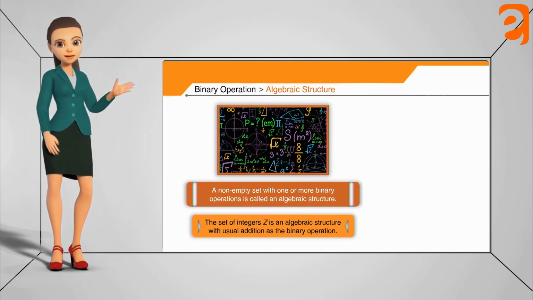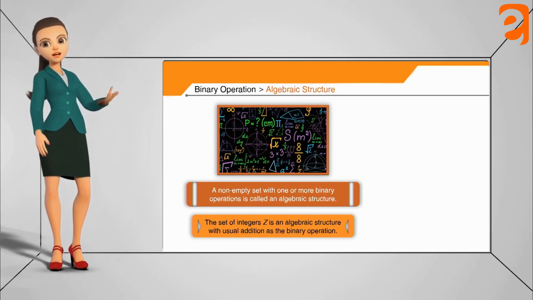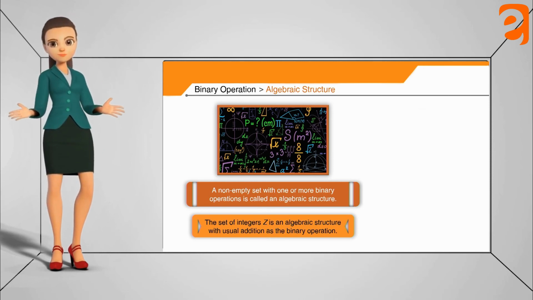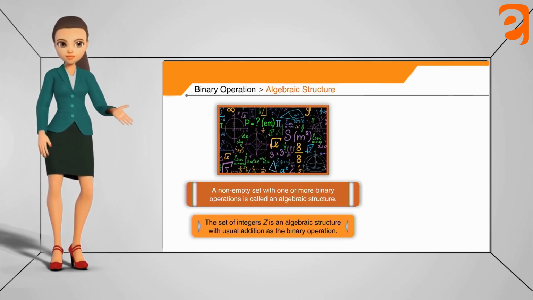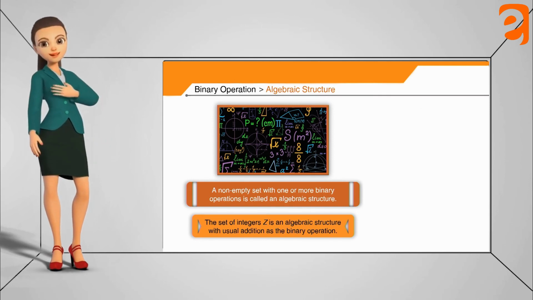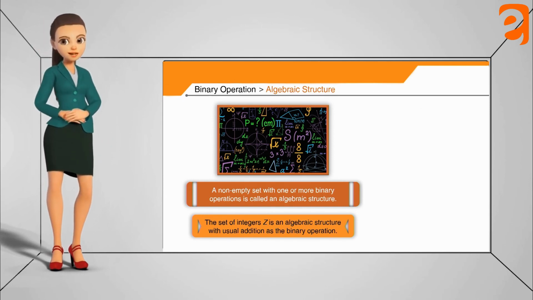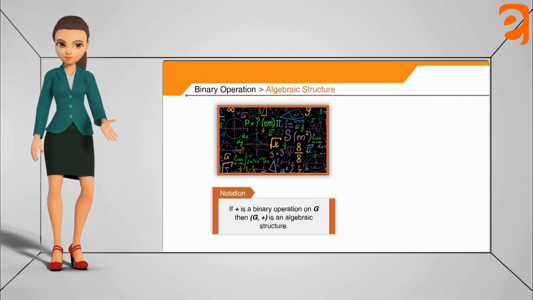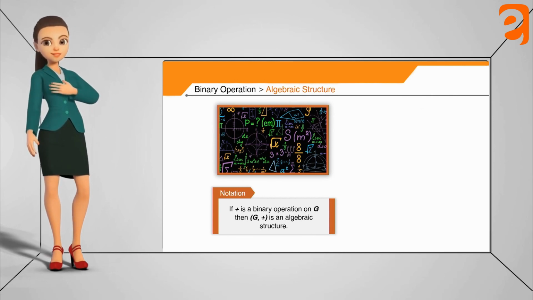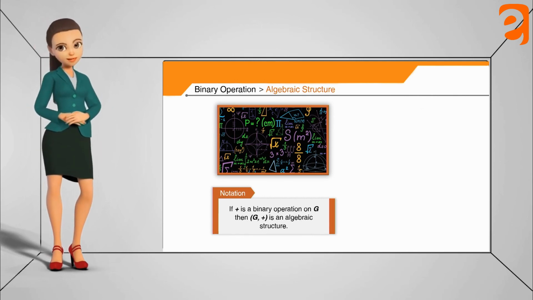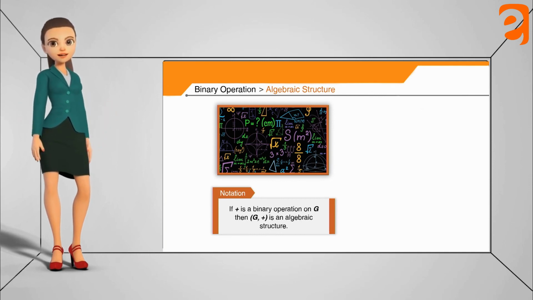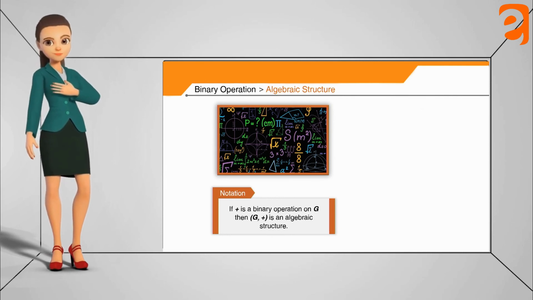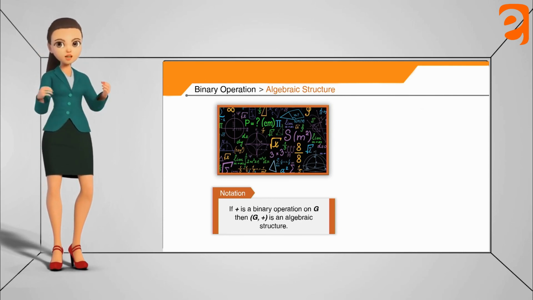So we can say that the set Z with addition is an algebraic structure, or Z with multiplication as a binary operation is an algebraic structure, or Z with both addition and multiplication as binary operations is an algebraic structure. How do we denote an algebraic structure? If G is any set and plus, minus, star, or any other symbol is a binary operation, then (G, plus) is an algebraic structure.